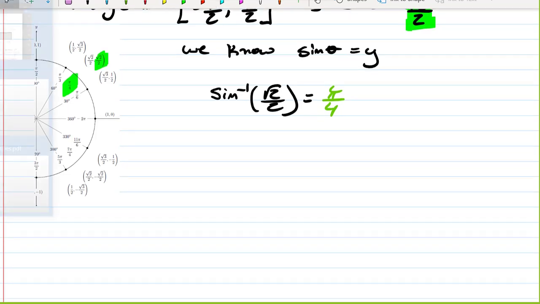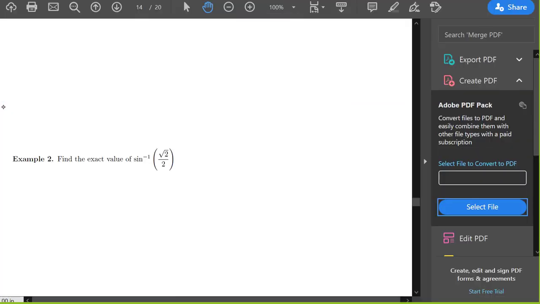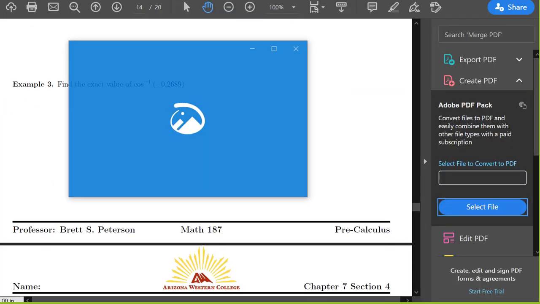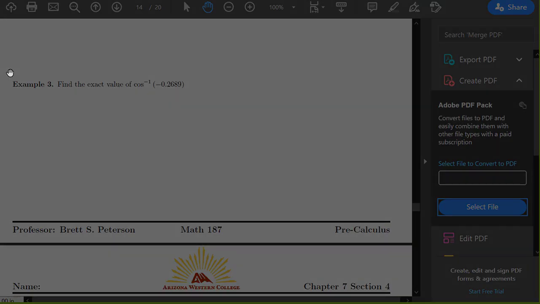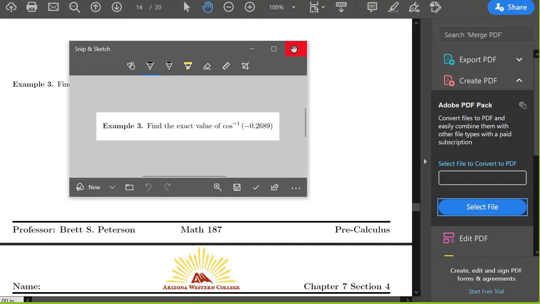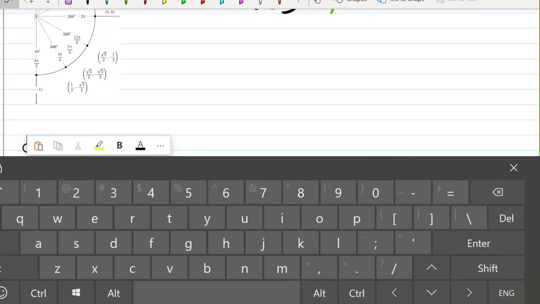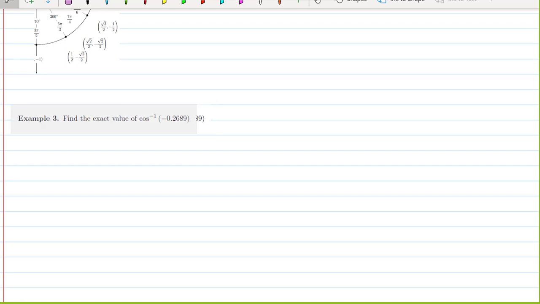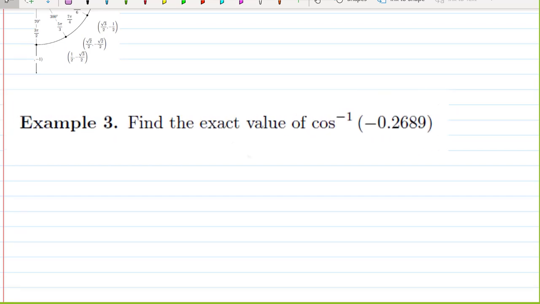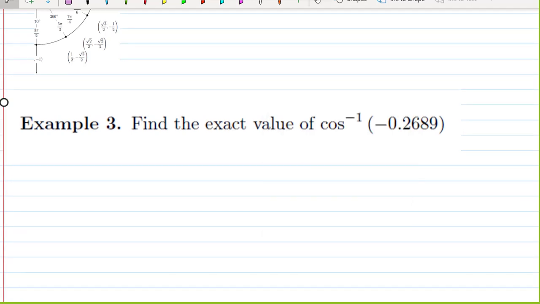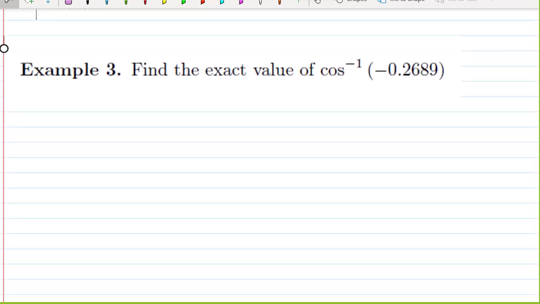All right, let's take a look at our next example. Example 3 says, find the exact value of cosine inverse of negative 0.2689. So, grab our graphing device.